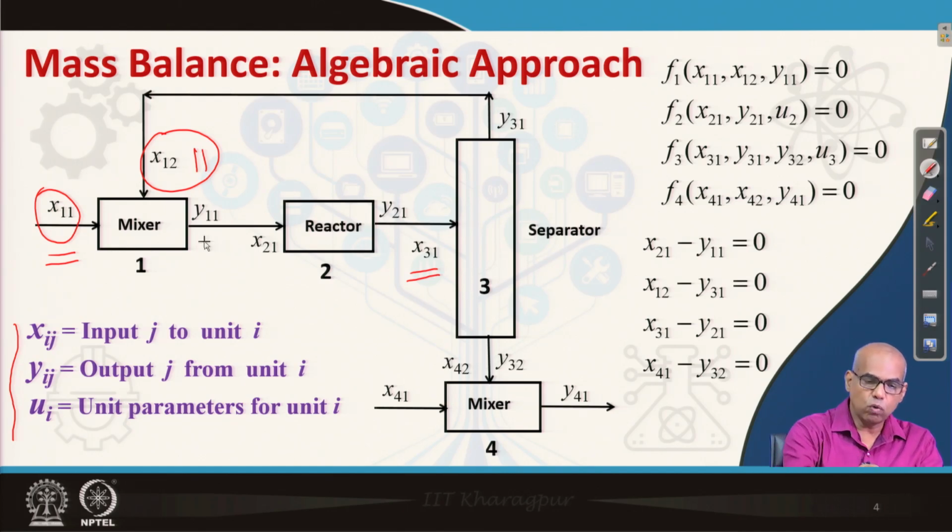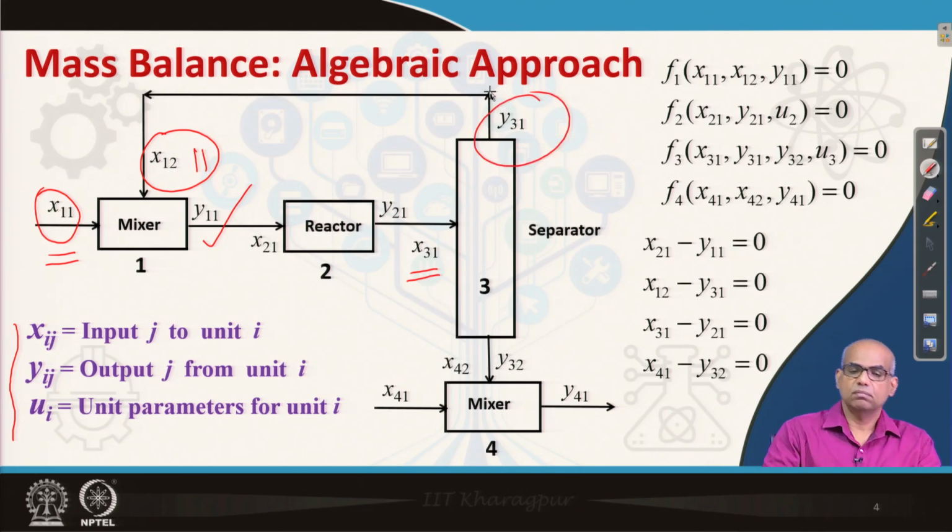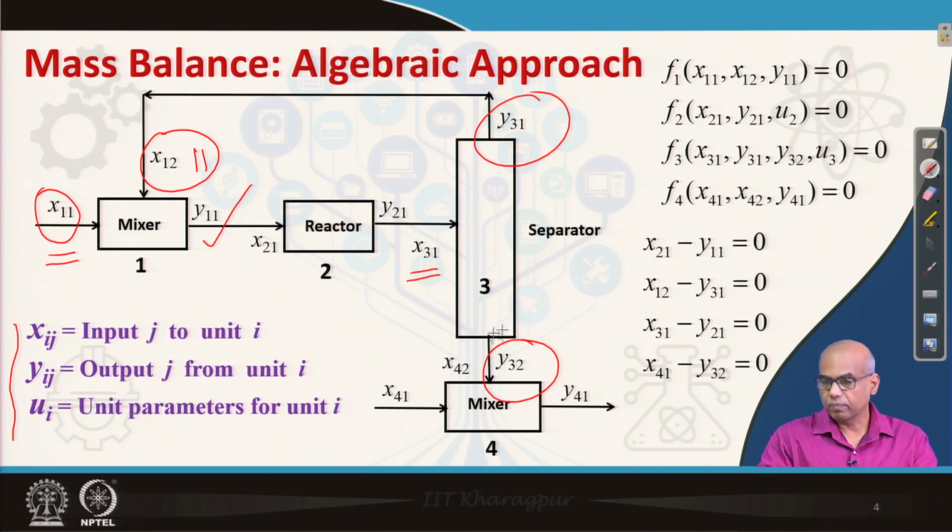So, Y11 will be output 1 from unit 1, Y31 will be output 1 from unit 3, and Y32 will be output 2 from unit 3.